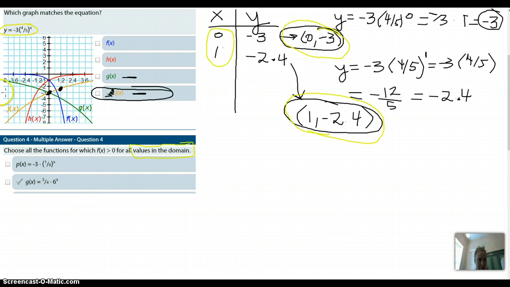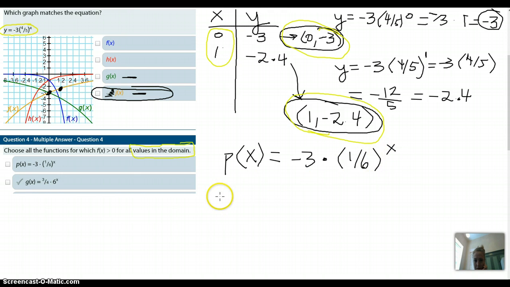The first one we have is p of x, and it says that p of x is equal to -3 times 1 over 6 to the x power. Now, could we think of a value we could put in for x and it would give us a negative number? Well, I think so.